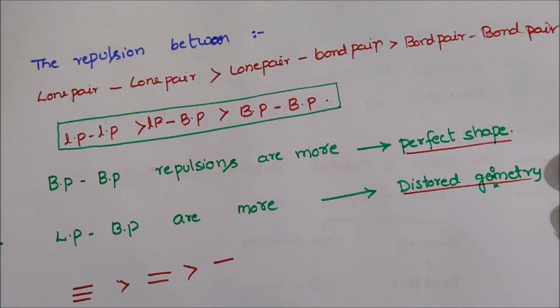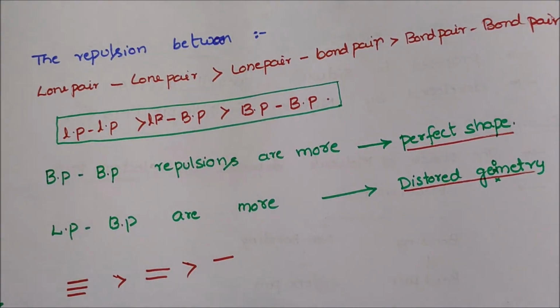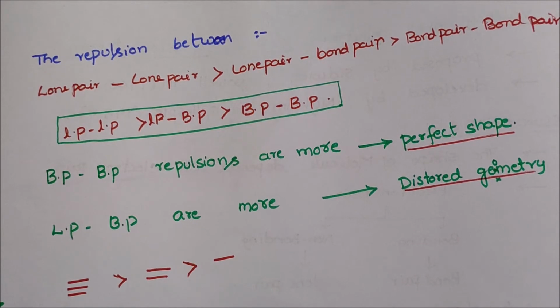Regarding the repulsions between lone pairs and bond pairs, lone pair to lone pair repulsions are more than lone pair to bond pair, and then bond pair to bond pair.